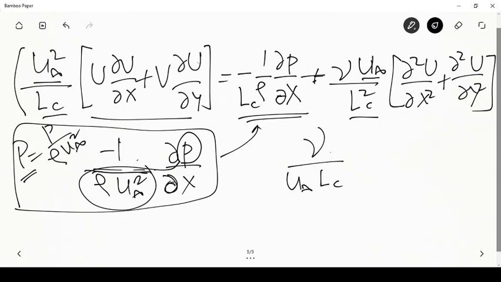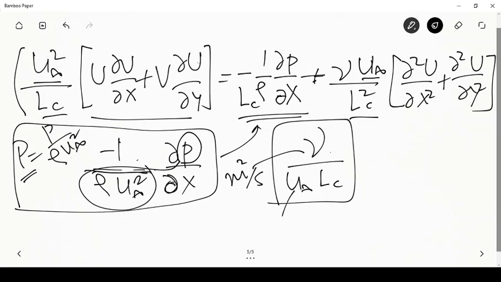This is basically what you will have. Now you will find that this in itself is a non-dimensional quantity because this nu has the unit of meter square per second, and this has a meter per second, and this has a meter. So nu by u infinity LC is a non-dimensional number. Okay, so this we would call it as 1 over RE, where RE is the Reynolds number. We'll understand why that is so. If I do that, then this whole thing is non-dimensional.